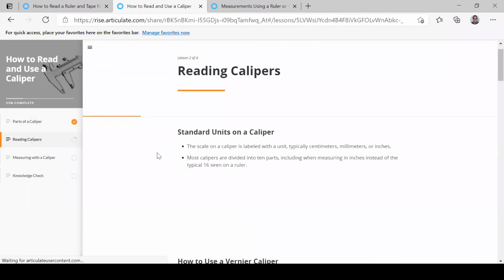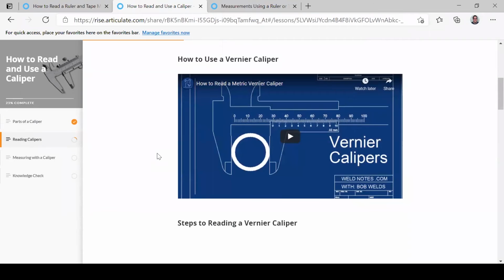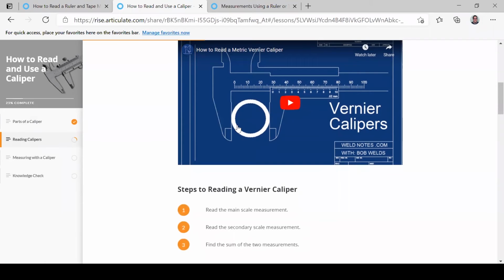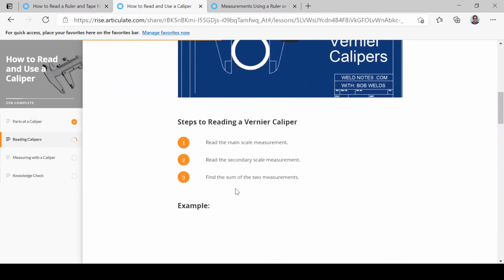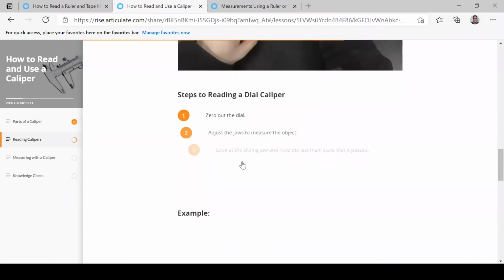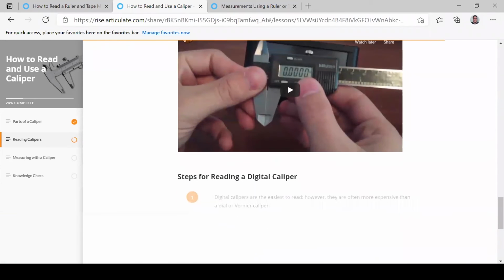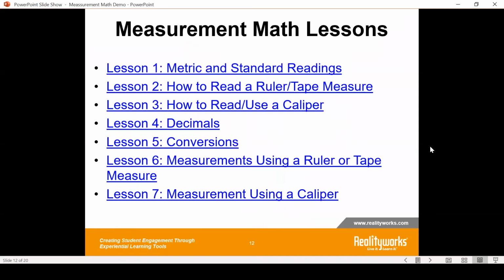Once they get that done, they can move on to more interactive and more difficult learning. So again, bringing in different types of visuals, from videos to interactive pieces, and then allowing students to learn from this online source. Bringing us back to our measurement, these are 7 lessons.